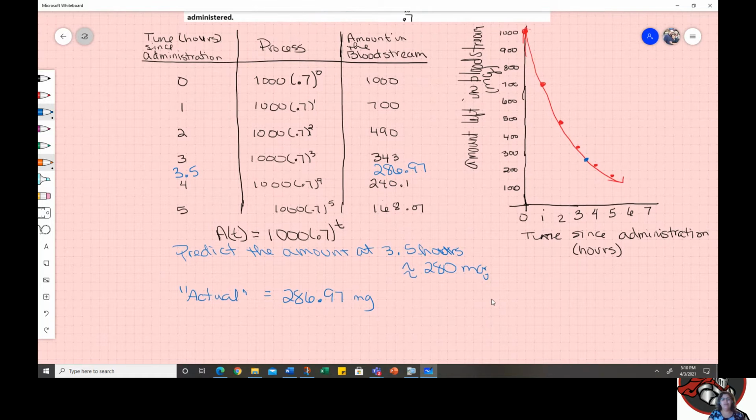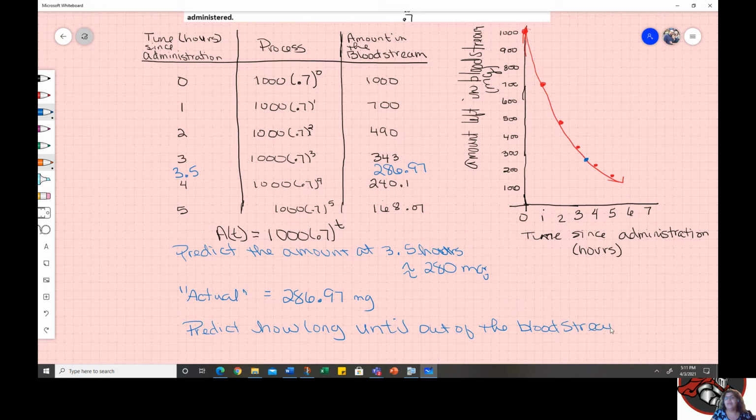Now, what if we wanted to predict how long it would take to be out of this system? Predict how long until the medication is completely out of the system. Completely out of the bloodstream.